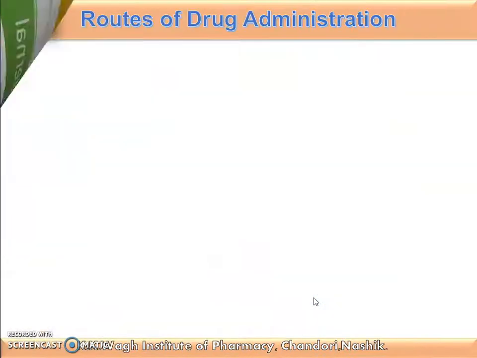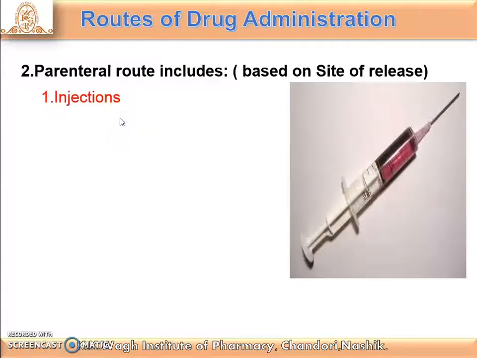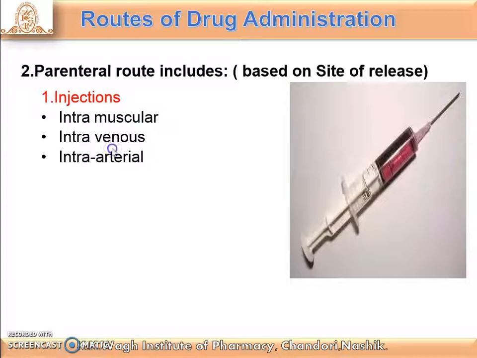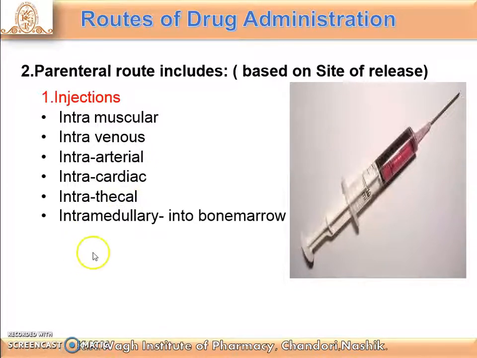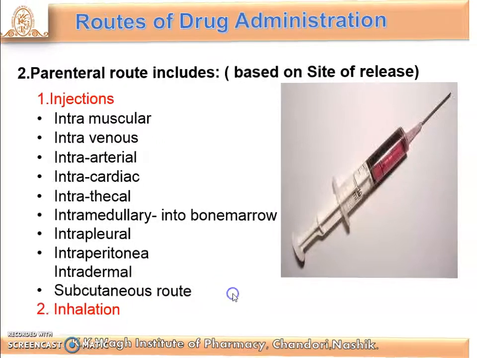Let's start parenteral routes of drug administration. It includes basically injections: intramuscular, intravenous, intra-articular, intracardiac, intrathecal, intramedullary, that is into the bone marrow, intrapleural, intraperitoneal, intradermal, subcutaneous routes, and the second part is inhalations.